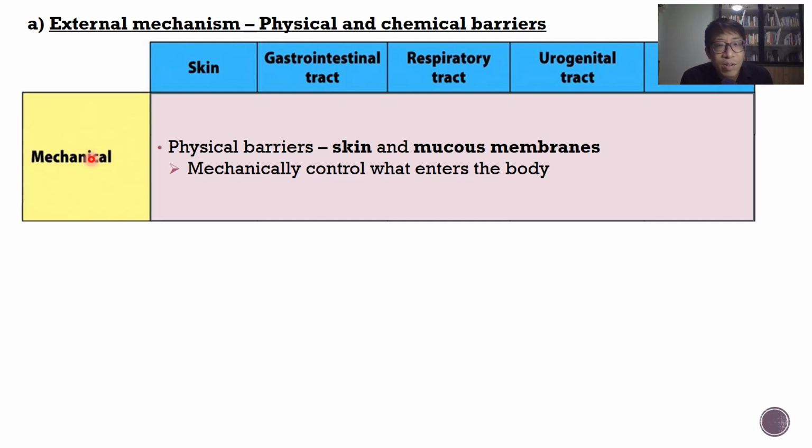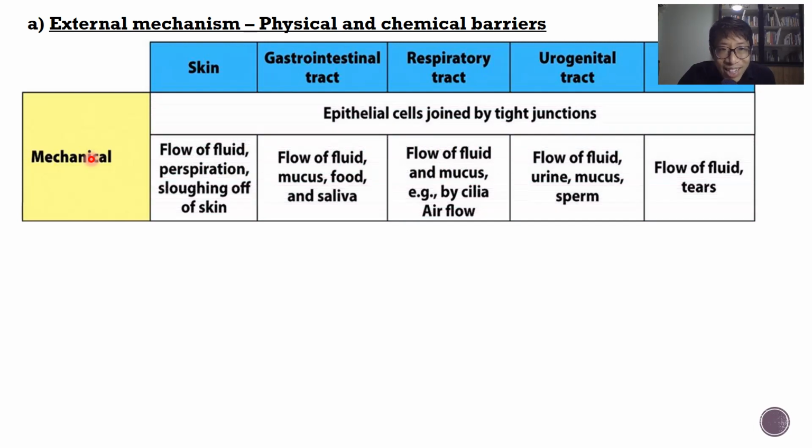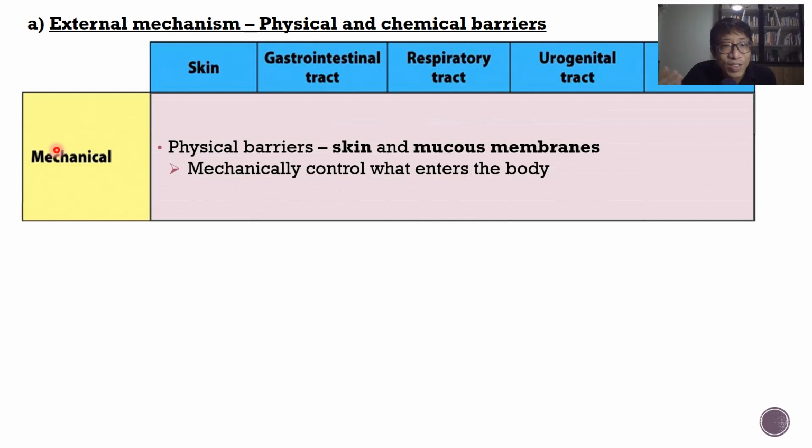The eyes as well. If you need more details, these are some of the mechanical or physical barriers for specific parts of the body, but collectively this is just the skin and the mucous membranes, which basically block the entry of the pathogens.